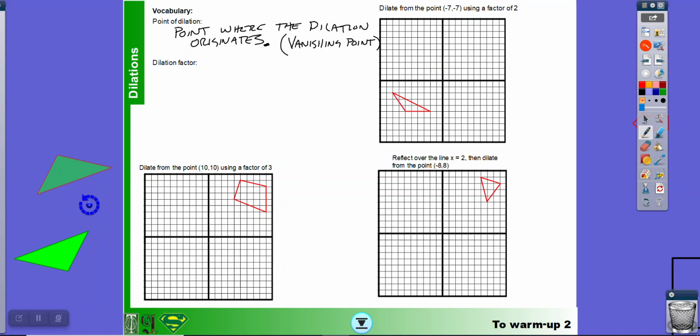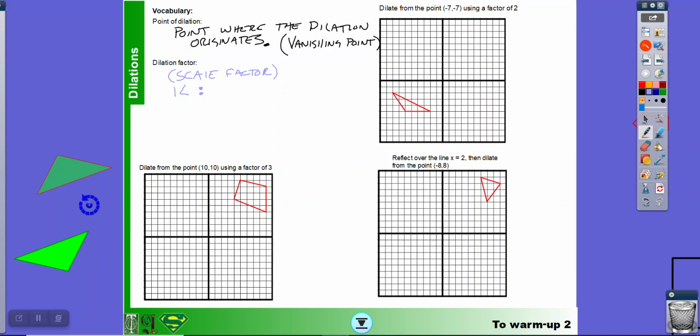So a dilation factor is essentially going to be a scale factor. And if you have a dilation factor that is greater than 1, will you have a larger or a smaller figure?